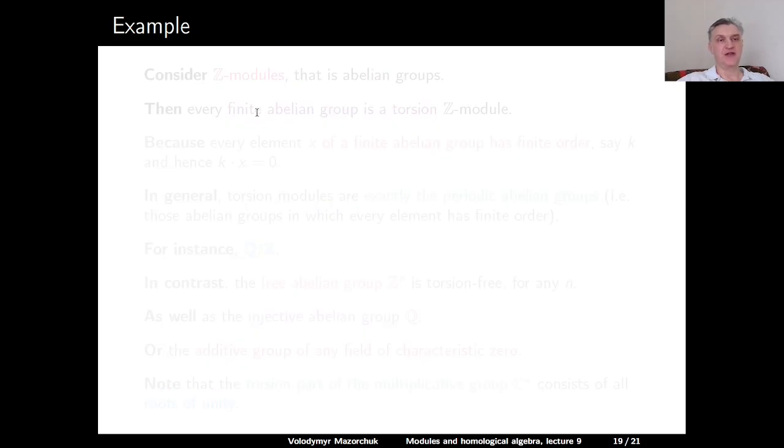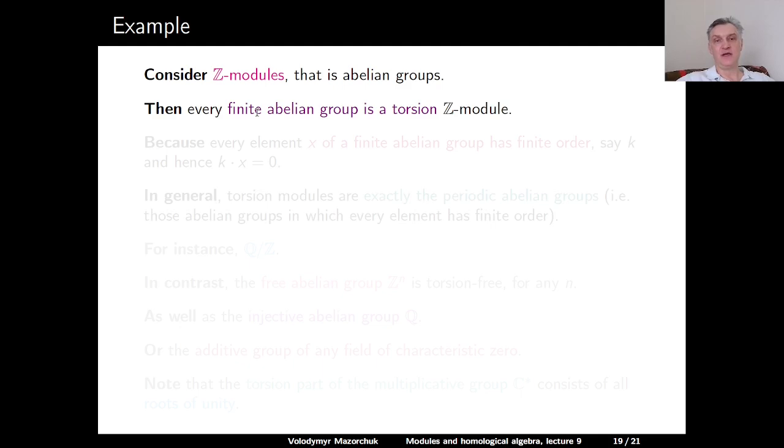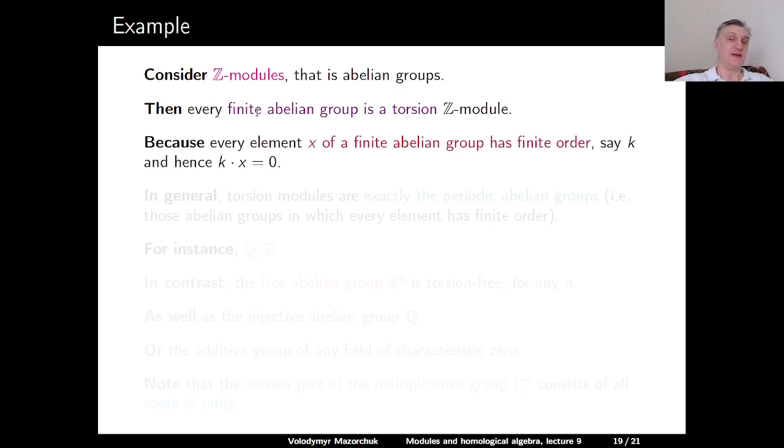Let us discuss as a general example Z modules. So consider Z modules, which are just abelian groups. Then every finite abelian group is obviously a torsion Z module because every element of a finite abelian group has finite order. So that order divides the number of elements in the group.